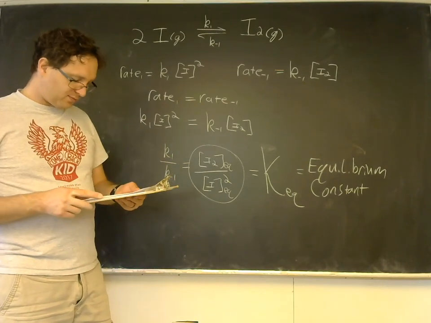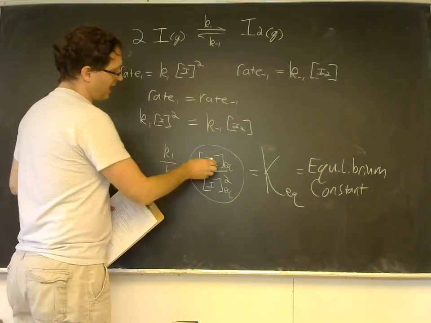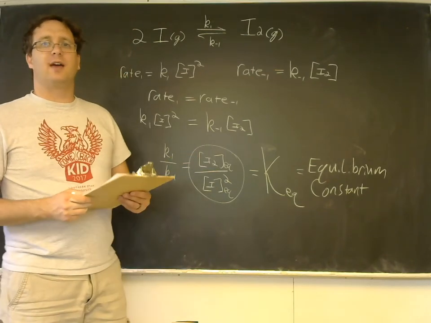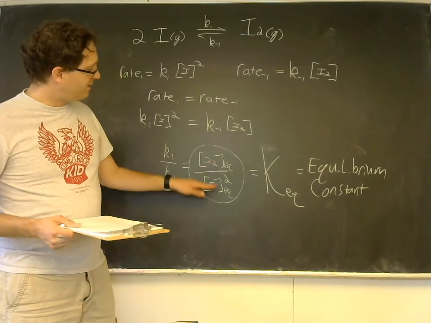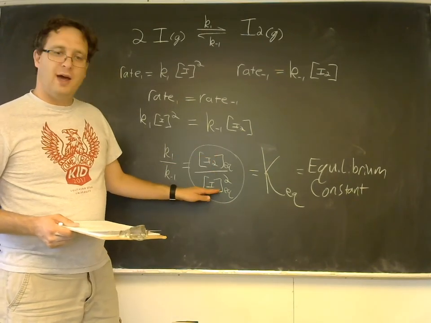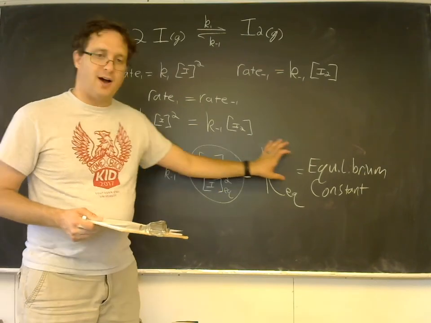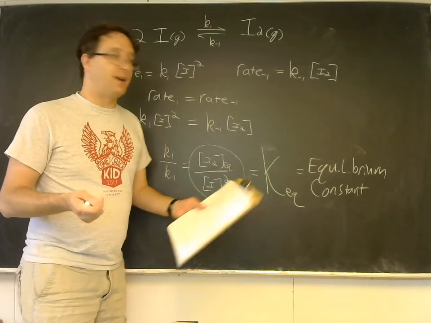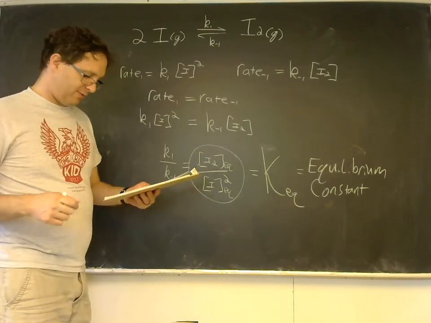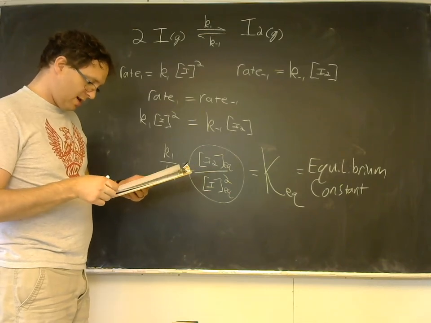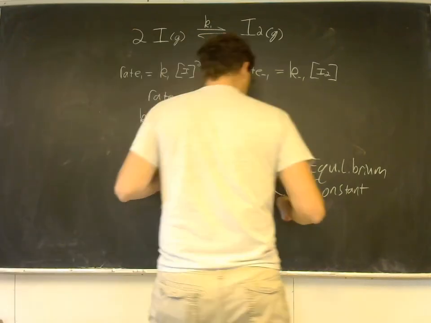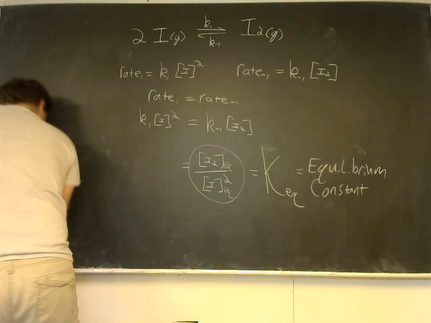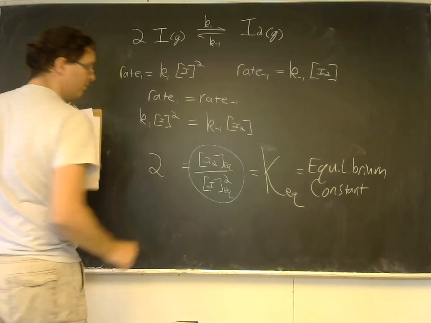And then another thing I want to state is that these are not fixed numbers. You can have equilibrium conditions that have different values for I2 and for I that still satisfy this mathematical requirement. Let's take an example. I don't know the actual value for Keq in this case, but let's just pretend that Keq is equal to the number 2.